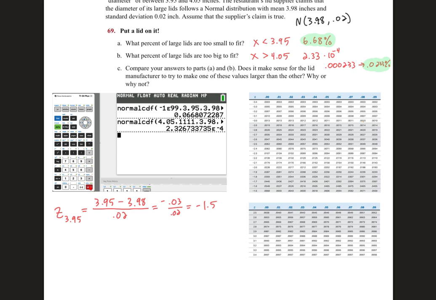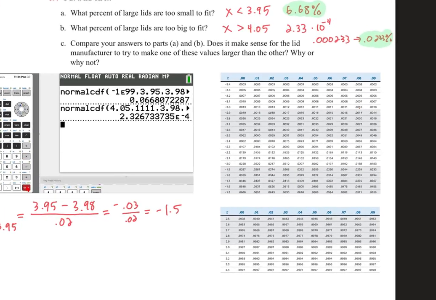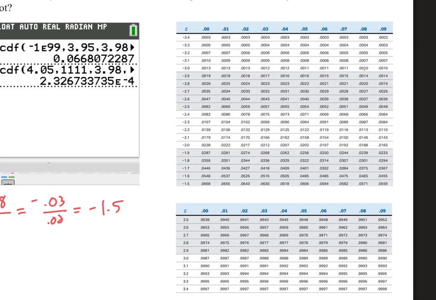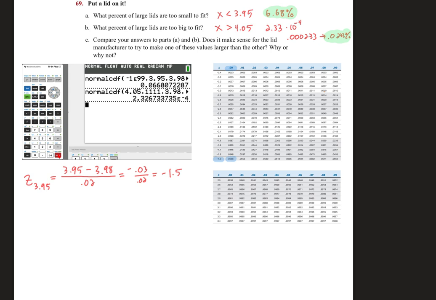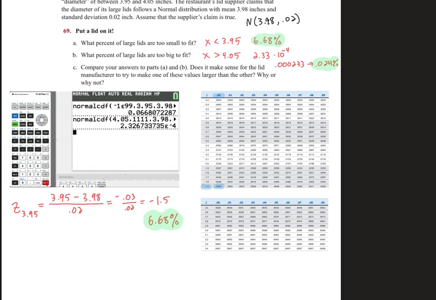Okay, so we'll look in here, negative 1.5 is this value here. Negative 1.50, so that's this value. Remember these are naturally less than, and we wanted to find the percent that are smaller, and so that's just it, 6.68%. And since that wasn't rounded, that should be the exact same as what we had before. Yeah, so that's exact same.